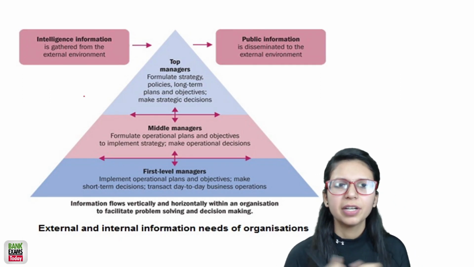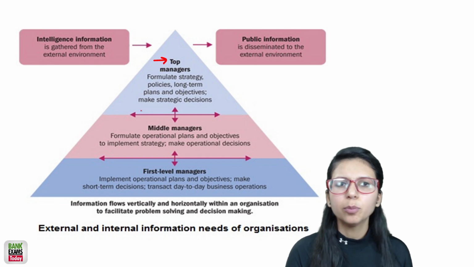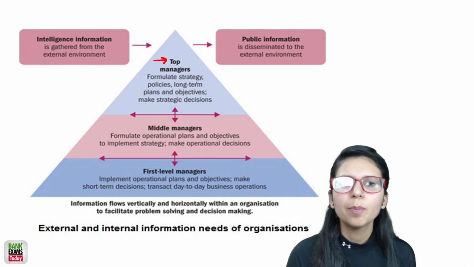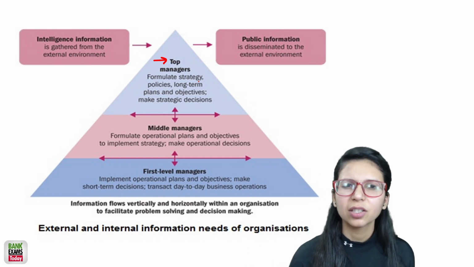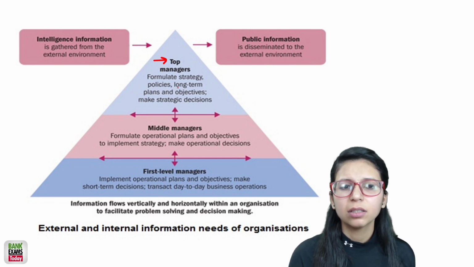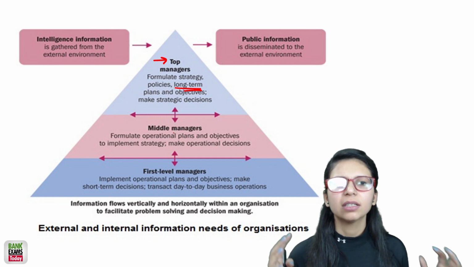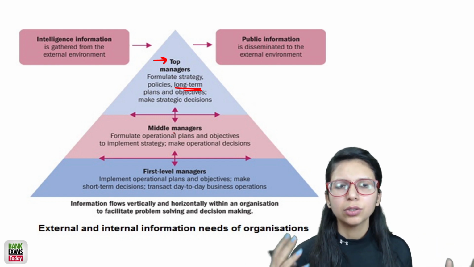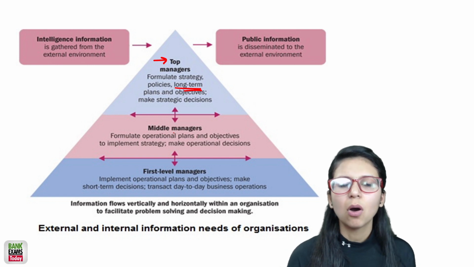There are different levels of management, where at the topmost level there are top managers who take very important decisions. They formulate strategy, set the objectives, plan, and basically set the long term objectives, and formulate the main goal of the organization, the long term thing.